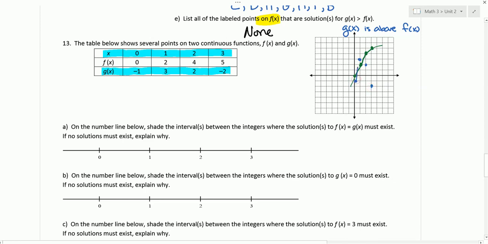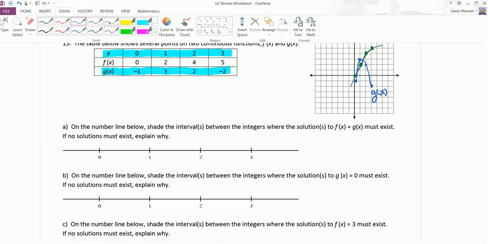And so we somewhat connect these points. And I'm going to label, okay, this is g of x, and the green one is f of x.